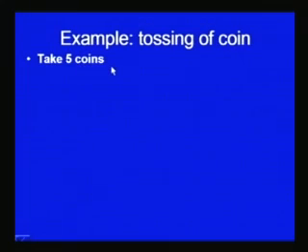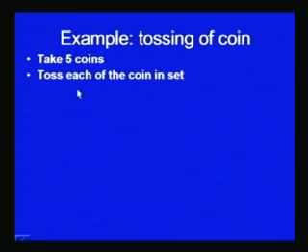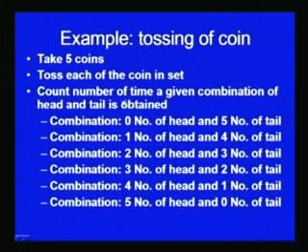For example, suppose we take 5 coins and each of these coins is tossed. Tossing will give us either a head or a tail. So, the possibilities of having head or tail combinations will be different for each of the 5 coins in one set.